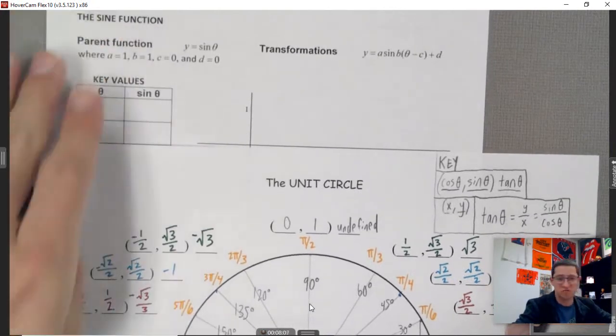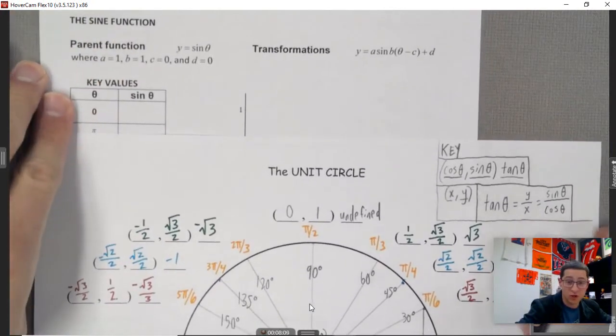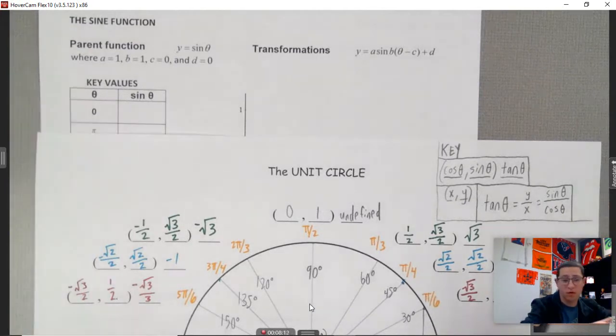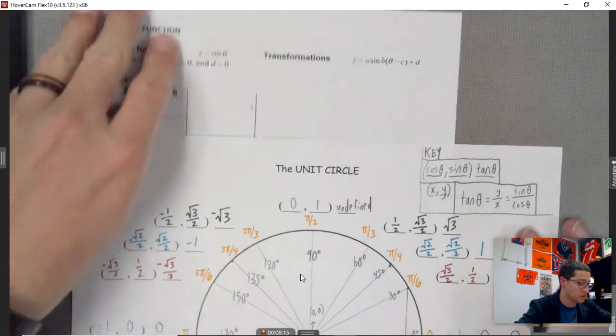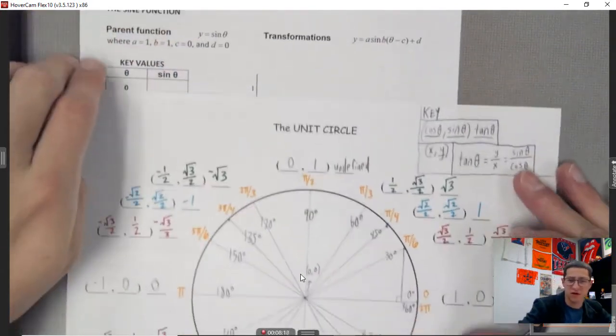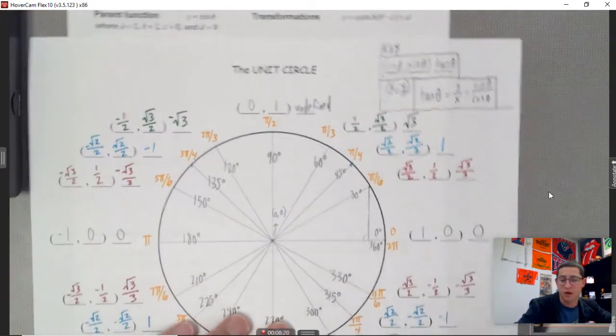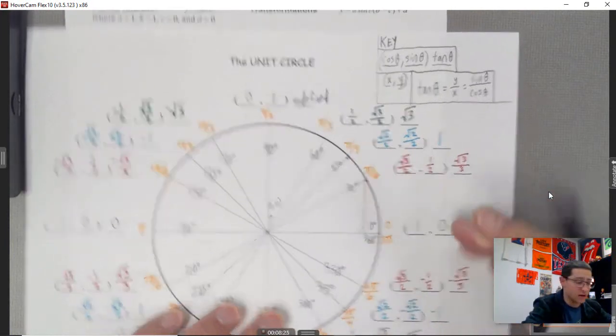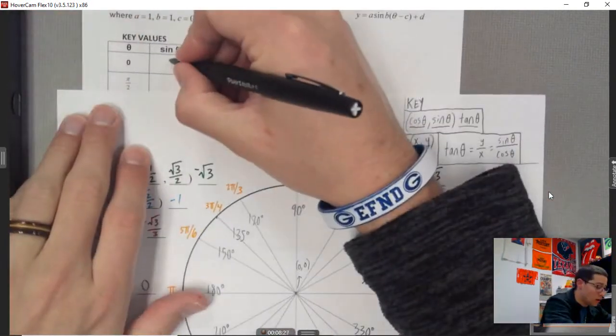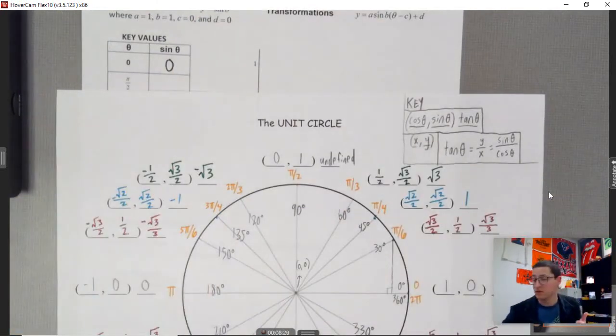We should start to know this, but maybe we don't quite have it, and that's okay right now, especially when we're developing our graphs, because the graphs are the second part of this. At 0, my y value is 0. So 0, 0 is going to be our first point for sine.